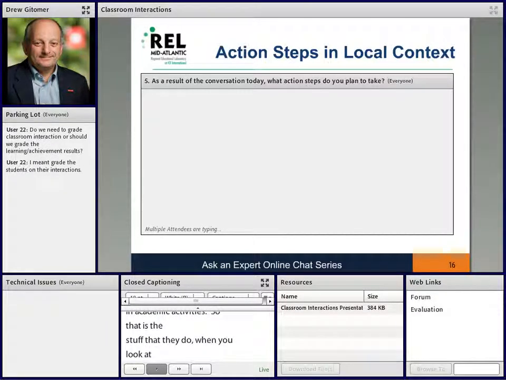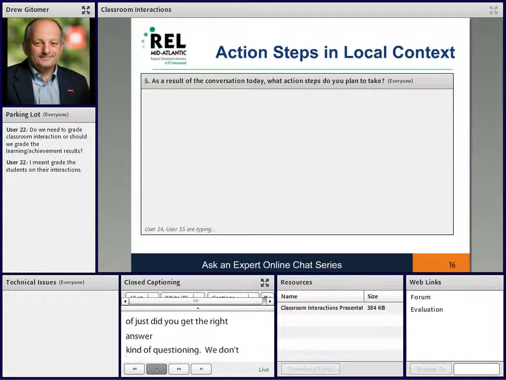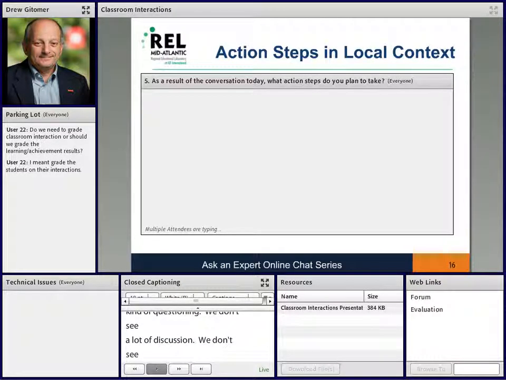What you see much less frequently are things that get at the more cognitive dimensions of instruction. So we don't see a lot of questioning beyond just "did you get the right answer" kind of questioning. We don't see a lot of discussion. We don't see a lot of what different protocols call different things, but analysis and problem solving.